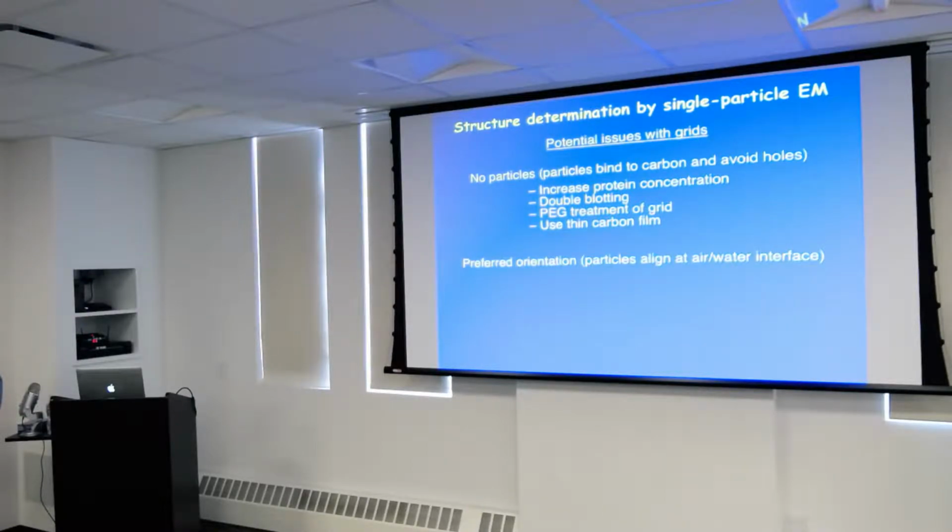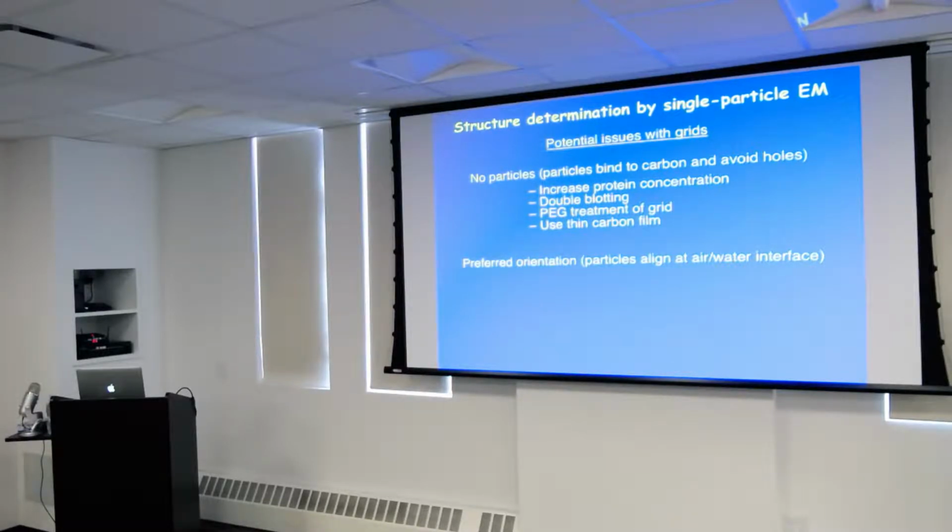The next problem is preferred orientation. Why is that, if you glow discharge? Because every time you adsorb something, what you apply is a negative charge to the carbon film, and so the most positively charged areas of the protein like to go there. So it shouldn't be as bad as negative stain. With negative stain, you always get preferred orientation.